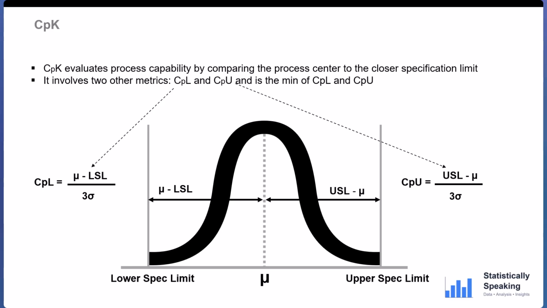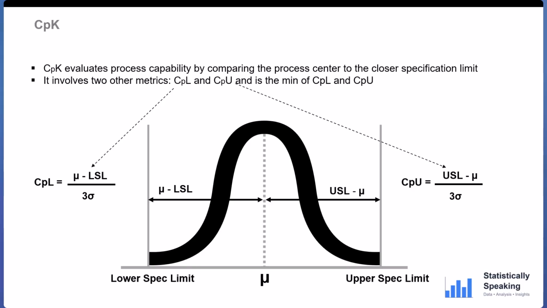So again, as with CP, if the CPK is more than 1, the process is said to be capable. Why? Because if this is your mean, and all the data points are falling somewhere here, then if the CPK is above 1, all, or nearly all, 99.73% of your output data points will be within those specifications.